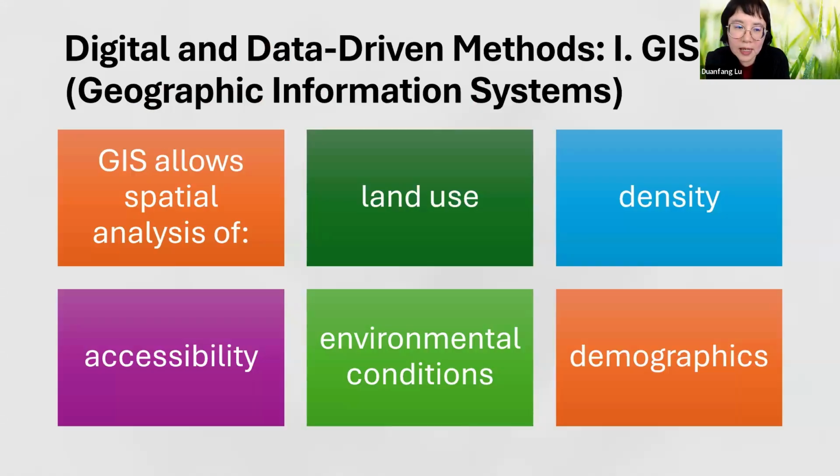And in recent decades, digital and data-driven methods have become more and more important. So, for example, GIS, the conventional method used in urban design research, can allow spatial analysis of land use, density, accessibility, and demographic implications.